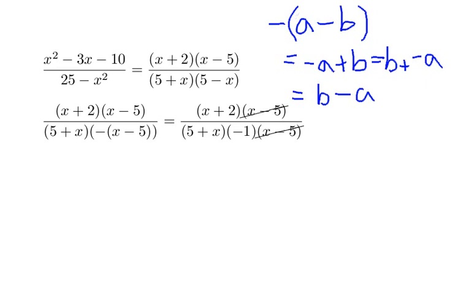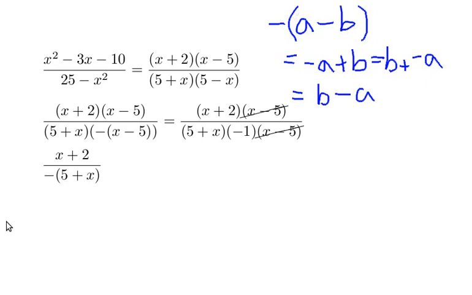So on top we'll have left x plus 2, and on bottom we'll have left negative 5 plus x. And if you want to, you can take this negative out front. In fact, that's what I'm going to do. Any way you want to do it is really fine.